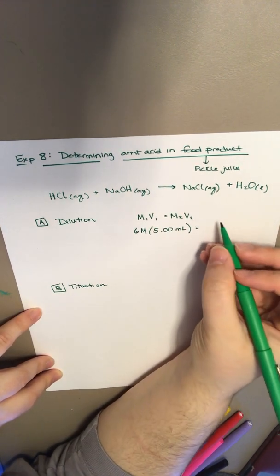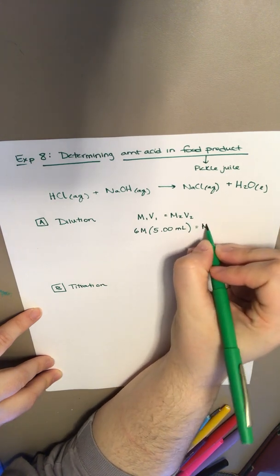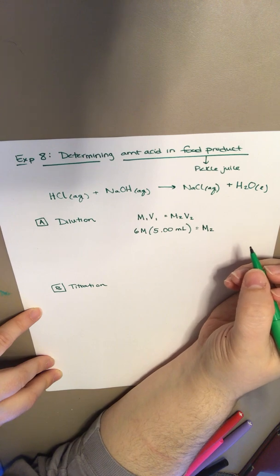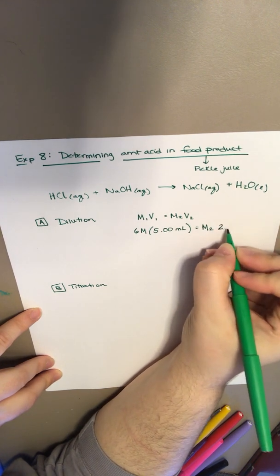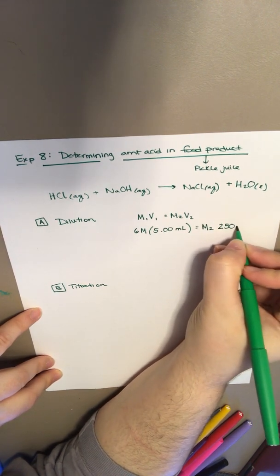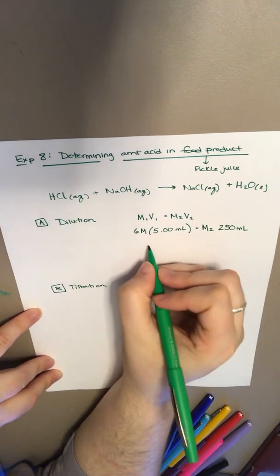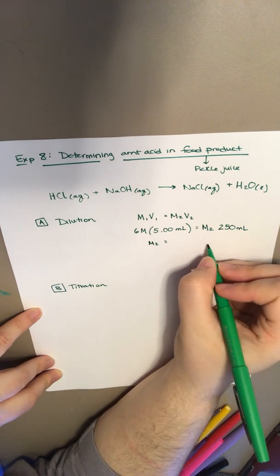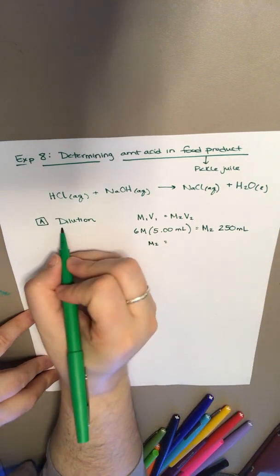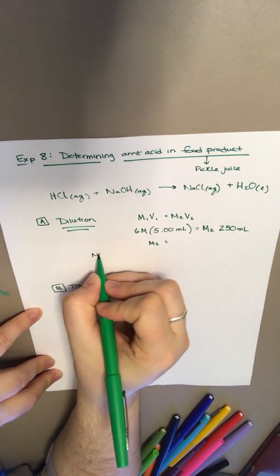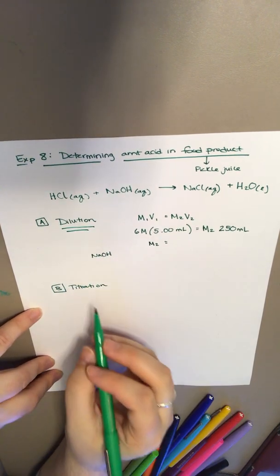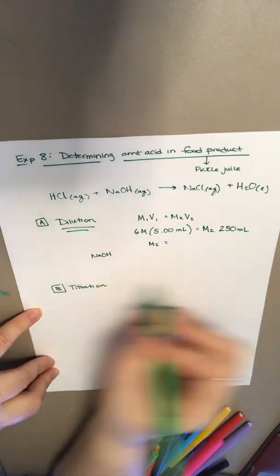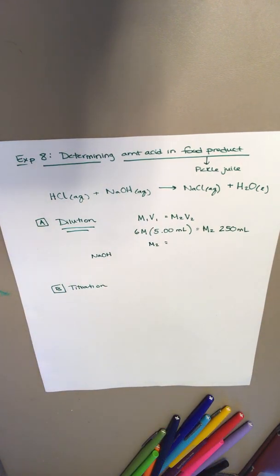We set that equal to our M2, what we're looking for, in a volumetric flask that is 250 milliliters. Then we can solve for M2, which gives us the molarity of the dilute solution of NaOH that we're going to use in our titration setup in the second portion. A very important aspect of this lab.